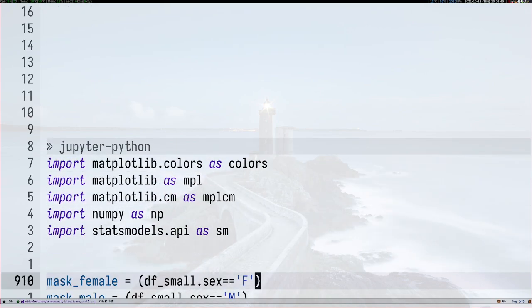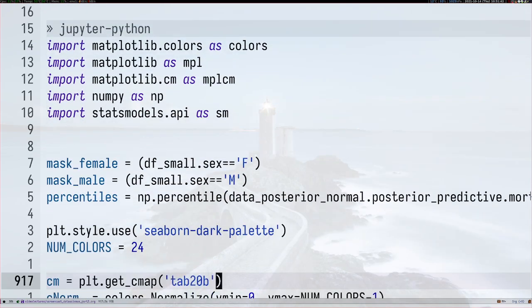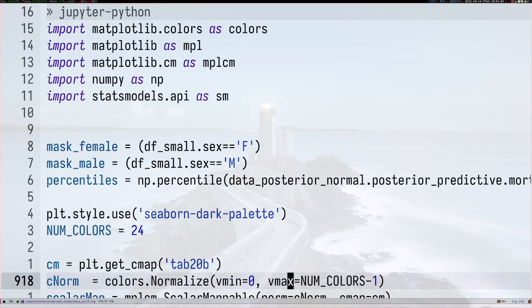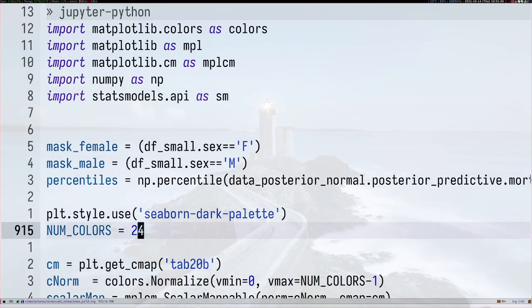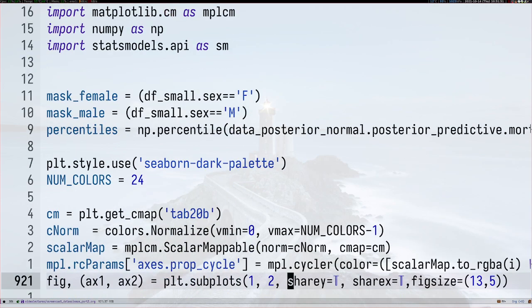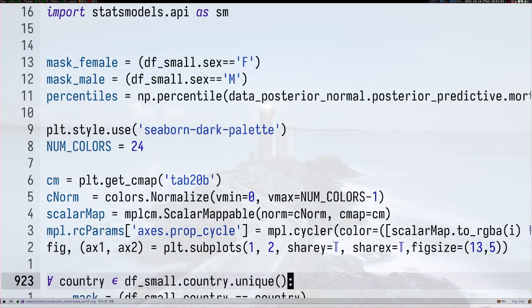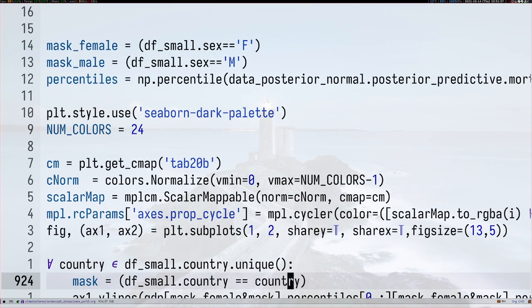Then let's quickly look at posterior predictions. We're plotting again the data that we had before, with a very similar color map.